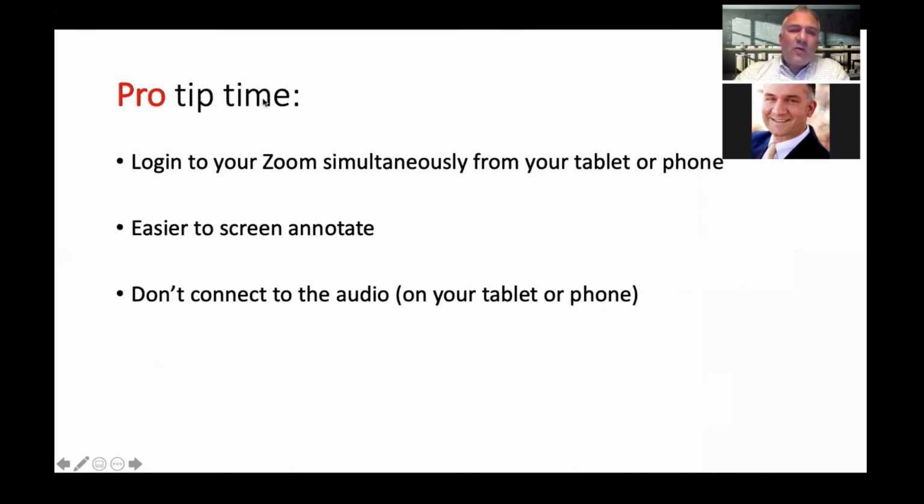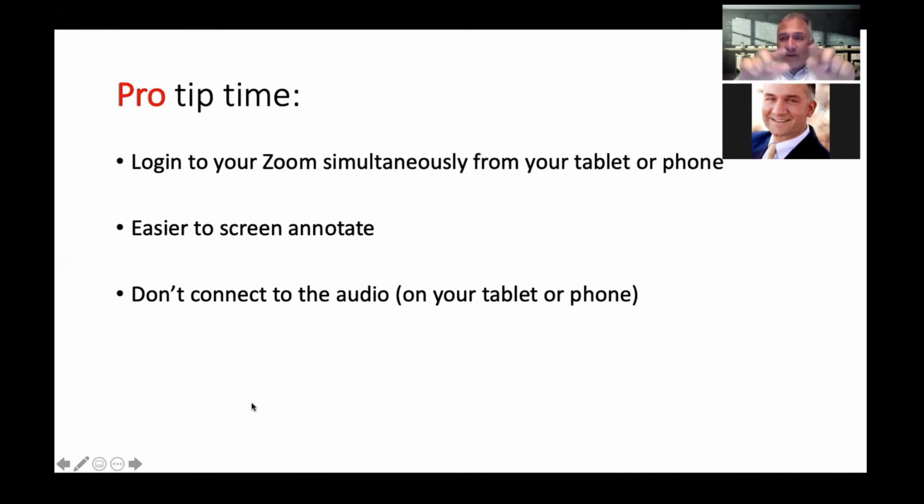Now, one of the things that I'm going to talk about just for a few seconds here is a pro tip. And that is something I often like to do because I find it sometimes difficult while I'm teaching to manipulate my mouse pad or my mouse to actually interact with the screen that the students are seeing. So what I like to do is log in simultaneously from another device into the same Zoom meeting.